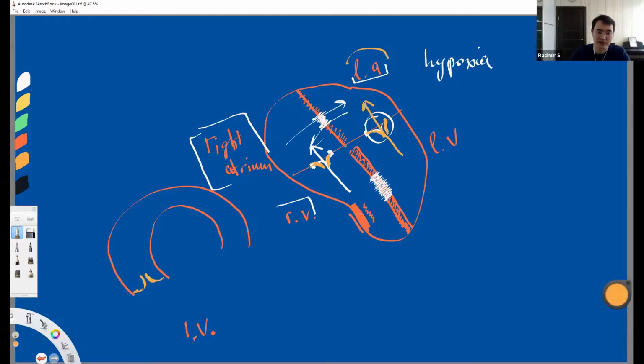So the left ventricle is very, very powerful. So it can push the blood with a huge pressure and this blood hits the wall, okay? And here we have the very fragile place.